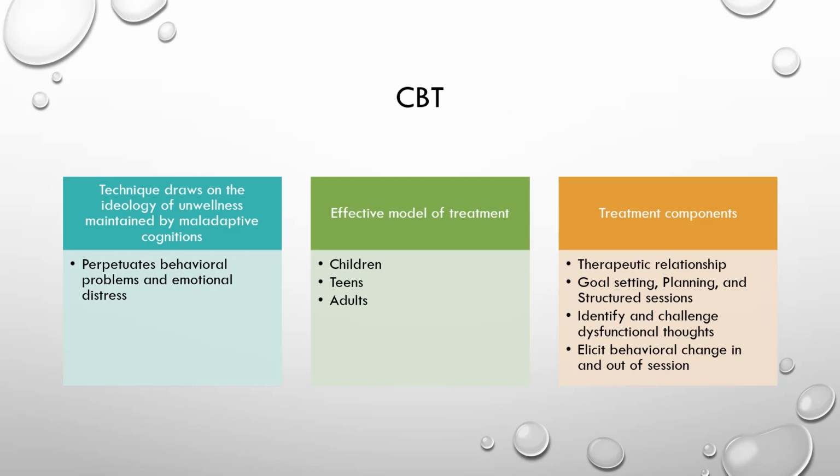So in CBT, we have behavioral problems and emotional distress that are perpetuated. That is the maladaptive thoughts. Okay? So we're looking at those maladaptive thoughts and we're working on changing those thoughts.